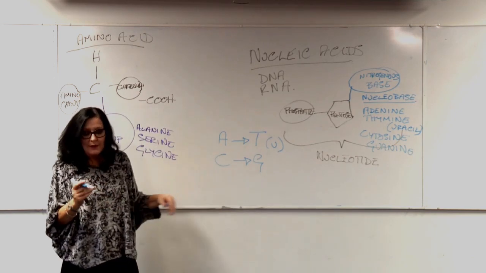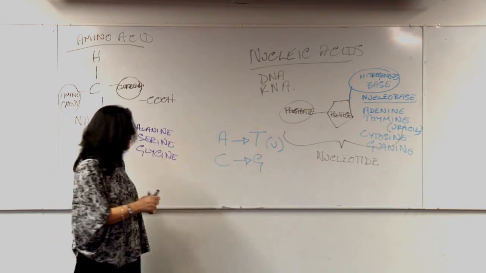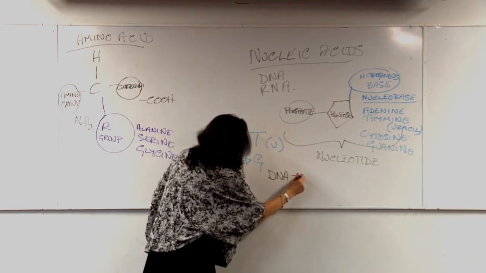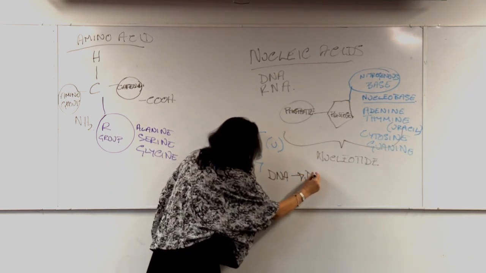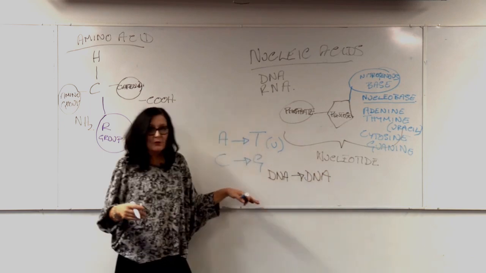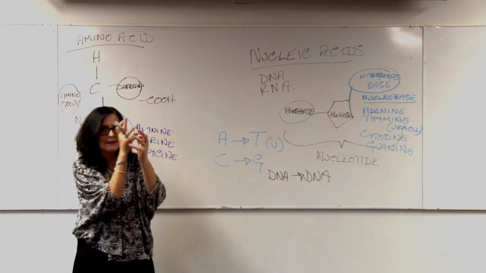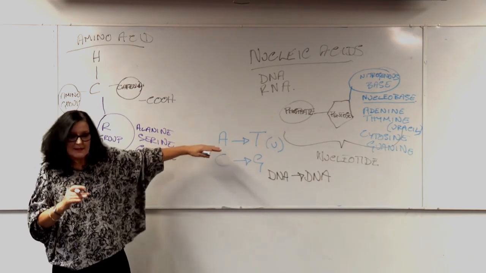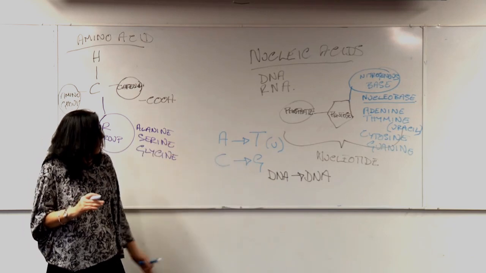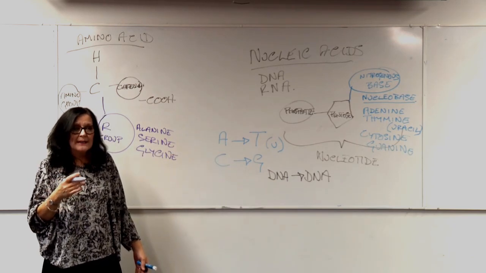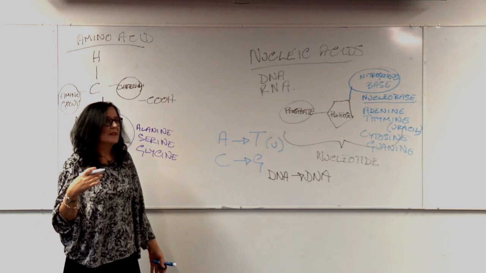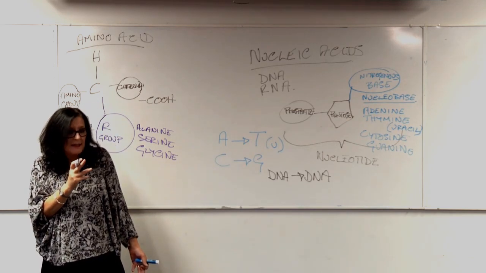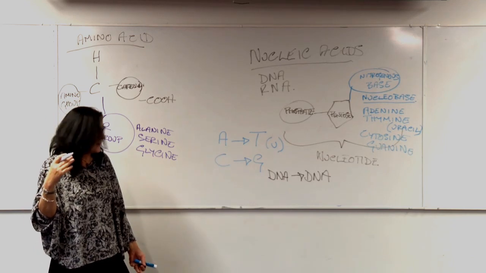Of course, what we're talking about pairing here is in some cases DNA to DNA. So here we're talking about the helix in the nucleus of DNA, paired in this way. Also in the nucleus, we might get DNA paired to RNA, because we're making a copy of the DNA out of messenger RNA.